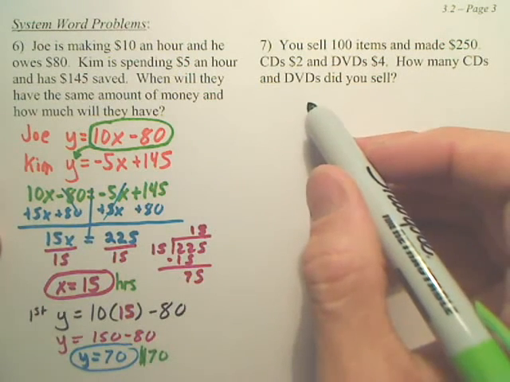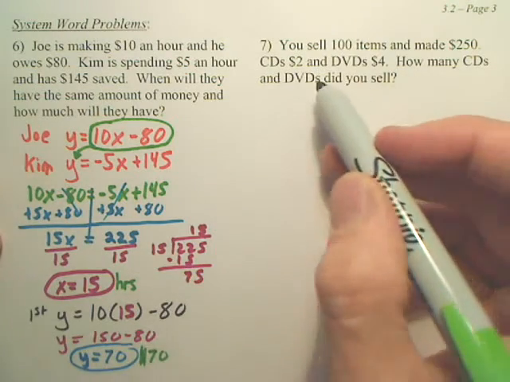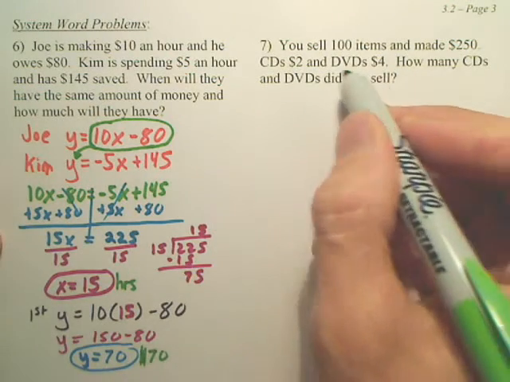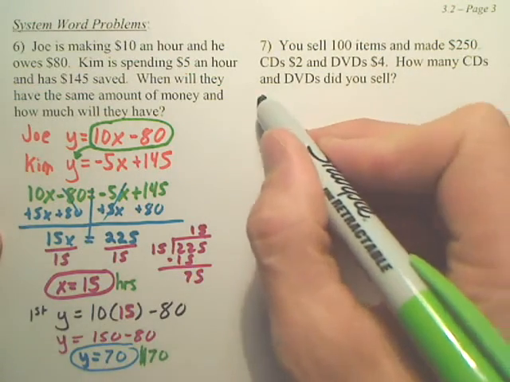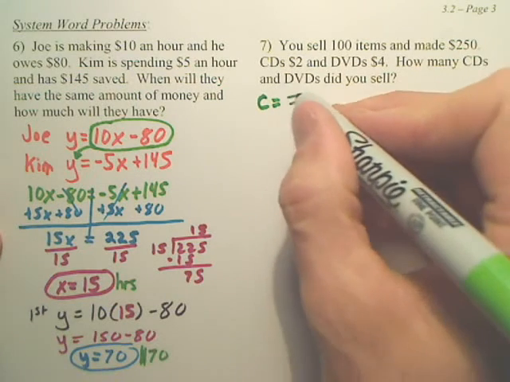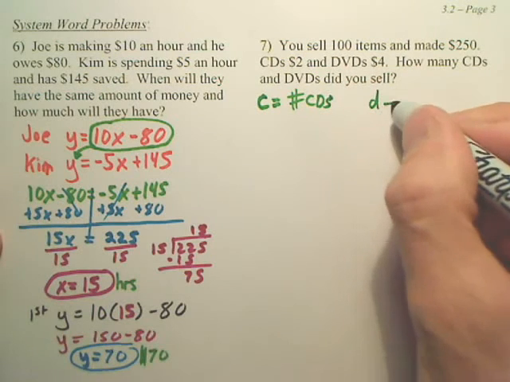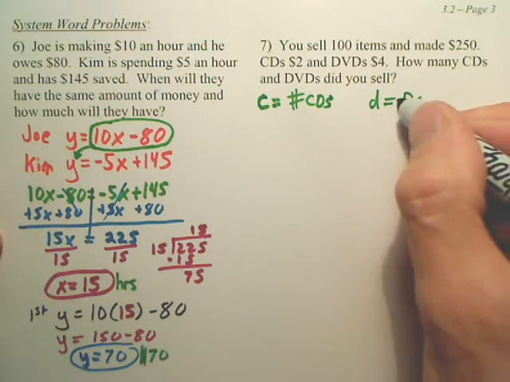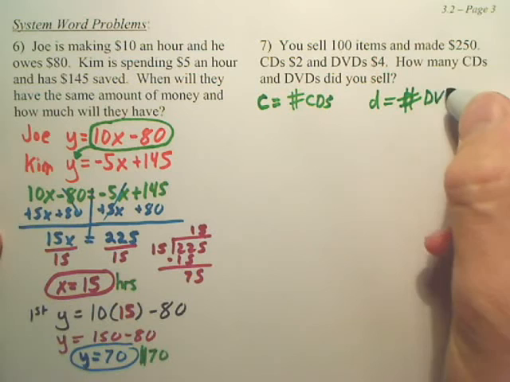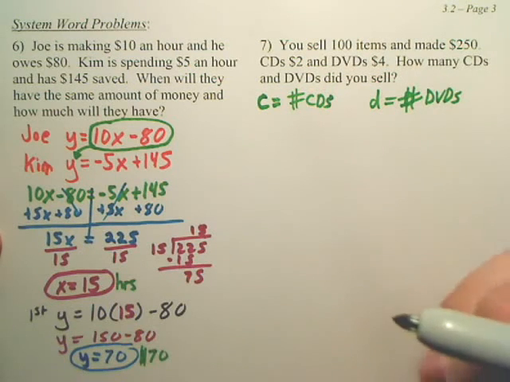Number 7. This is kind of like a yard sale where you're selling CDs and DVDs. Let's let C stand for the number of CDs you sold, and let D stand for the number of DVDs you sold.